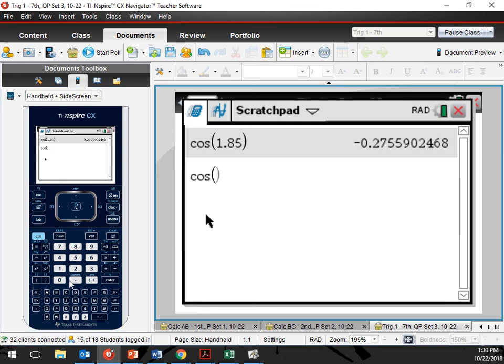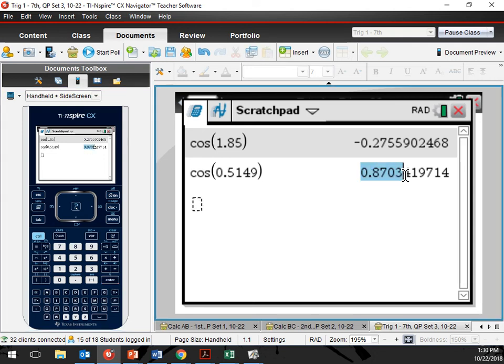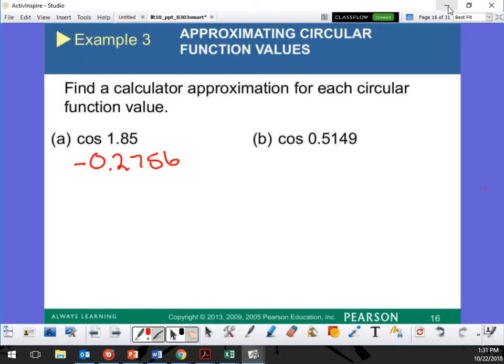Cosine, what was it? 0.5149? Excellent. Okay, enter, and since I rounded to 4 decimals, I get 0.8703, because this 4 right here doesn't make it go up, right? No. Okay, 0.8703. Is that easy? Yeah.